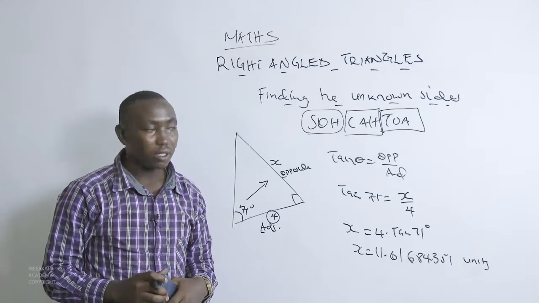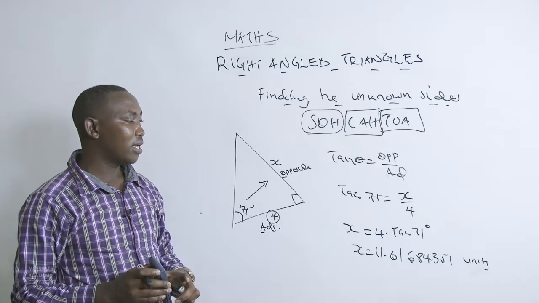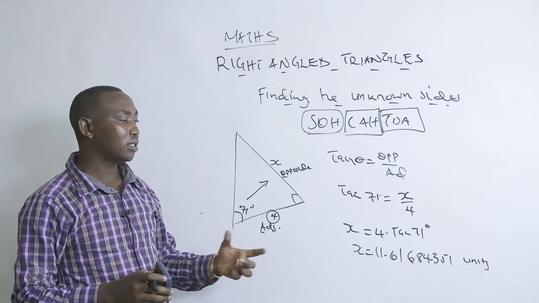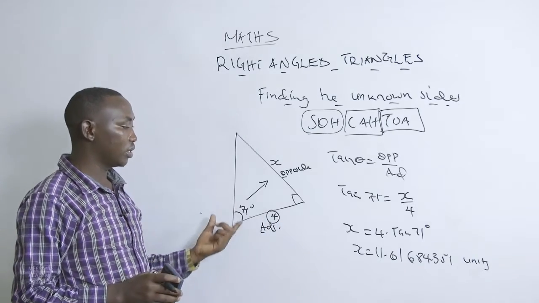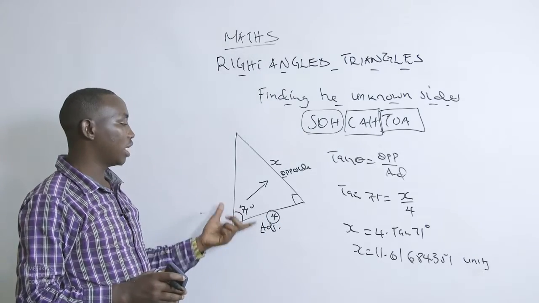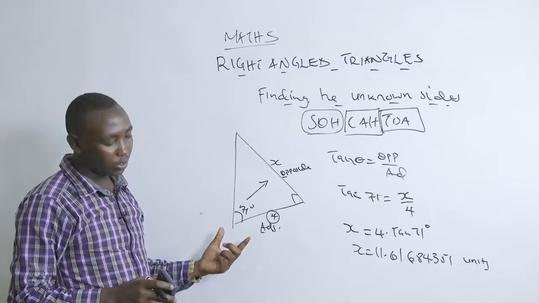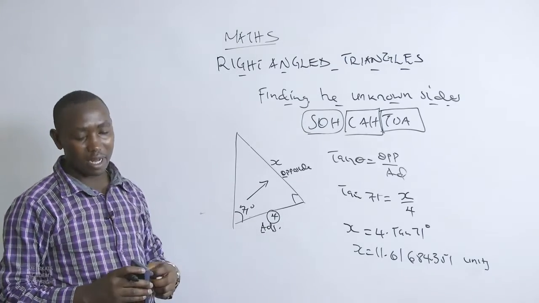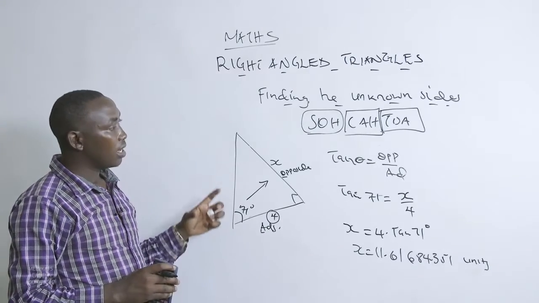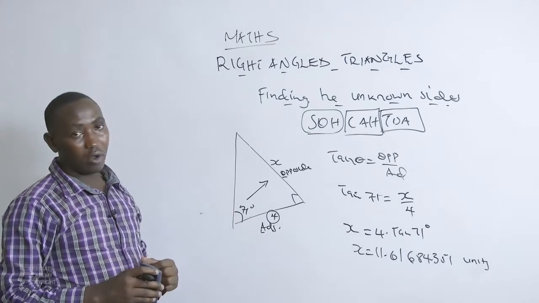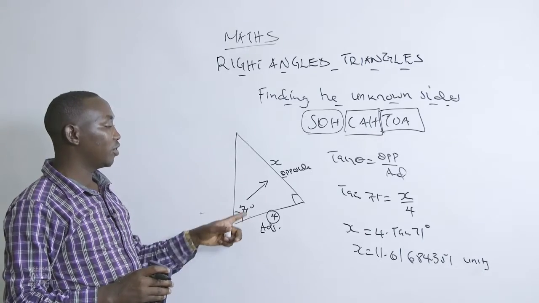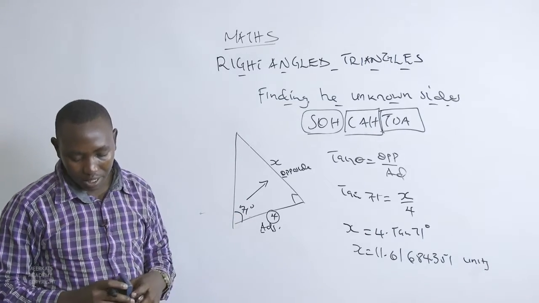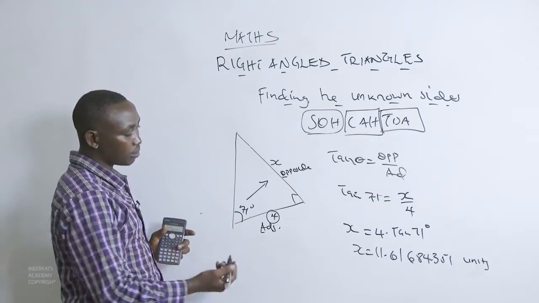Now sometimes you may not find exact degrees, because in some cases you might be asked to use the trigonometric ratios to find a given angle. In finding angles, they are normally measured in terms of degrees, minutes, and seconds.